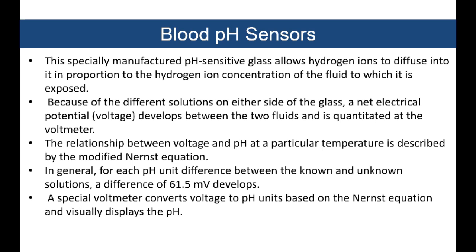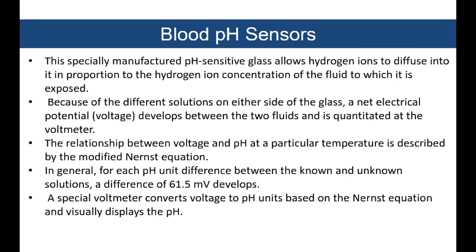This blood pH sensor is specifically manufactured with pH sensitive glass that allows hydrogen ions to diffuse into it in proportion to the hydrogen ion concentration of the fluid it is exposed to. Because of the different solutions on either side of the glass, a net electrical potential develops between the two fluids and is quantified by the voltmeter reading.